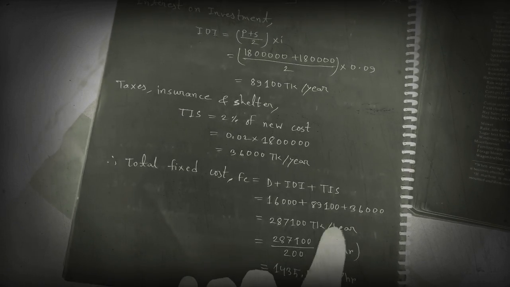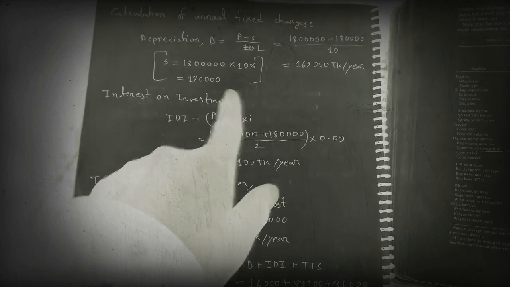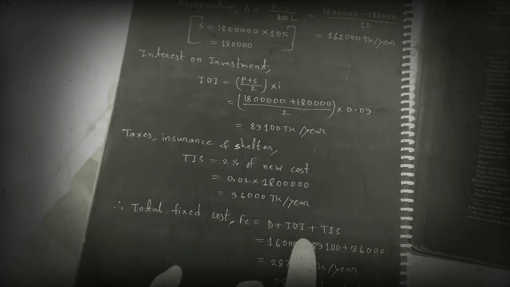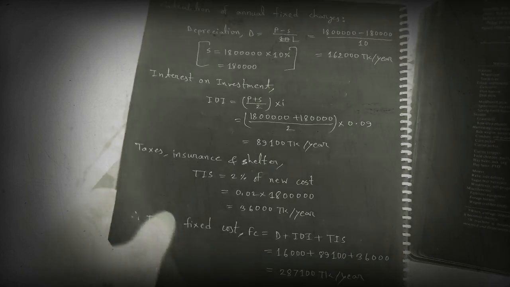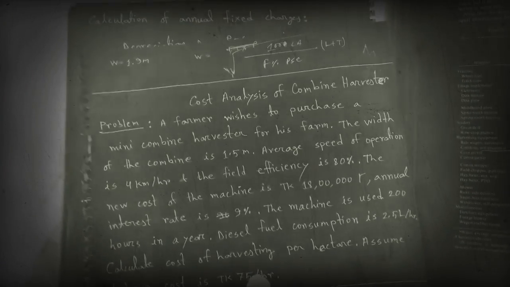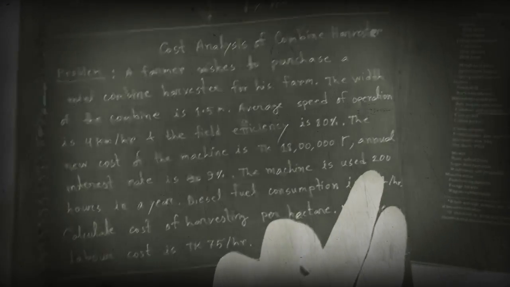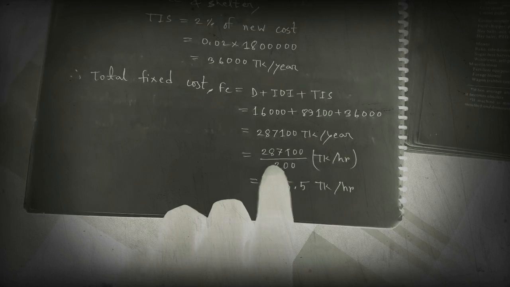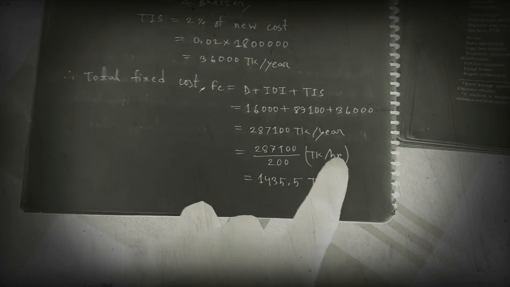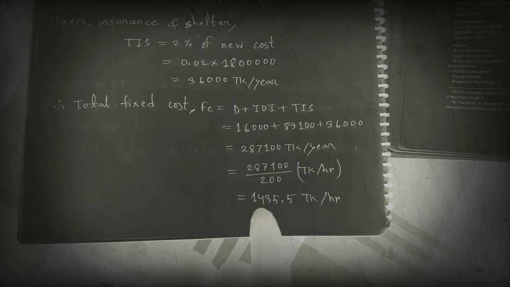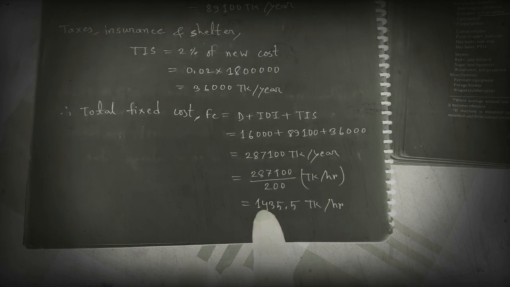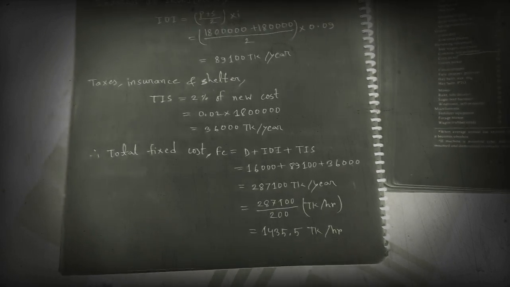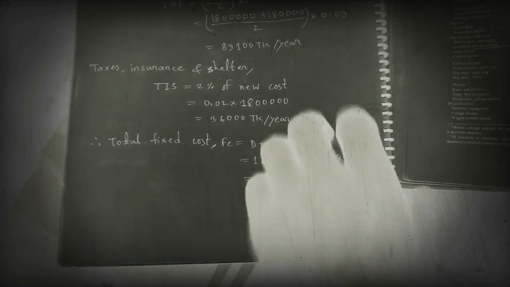We have to convert it to taka per hour, and the math says the machine is used 200 hours in a year, so we divide by 200 and get 1435.5 taka per hour. Okay, that is the total fixed cost.